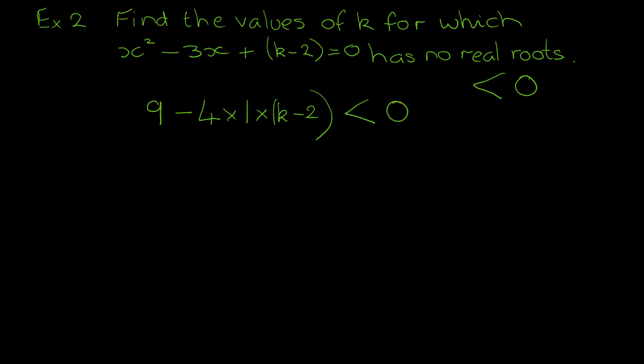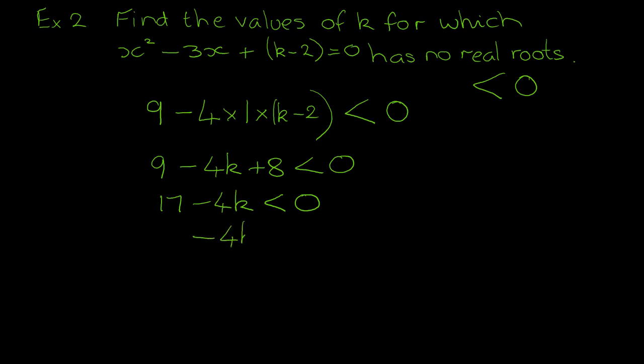So let's tidy that up a bit. So we've got 9 minus 4k plus 8. So that's 17 minus 4k is less than 0. Okay, let's take away 17 from both sides. We'll have minus 4k needs to be less than minus 17. And then we're going to divide by minus 4.